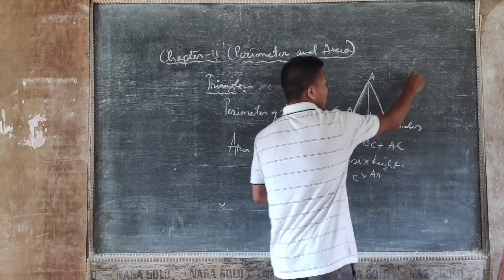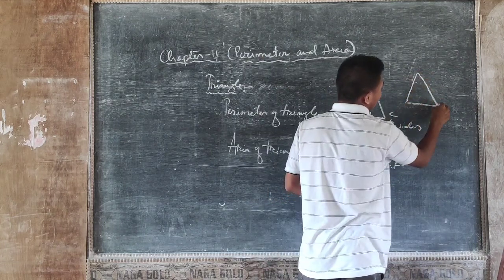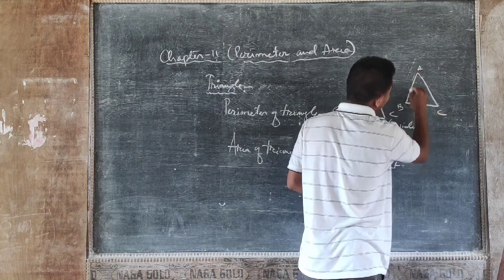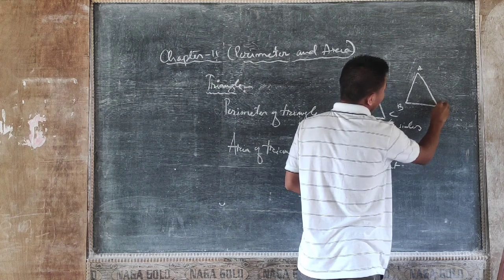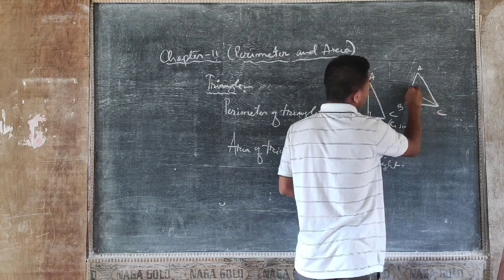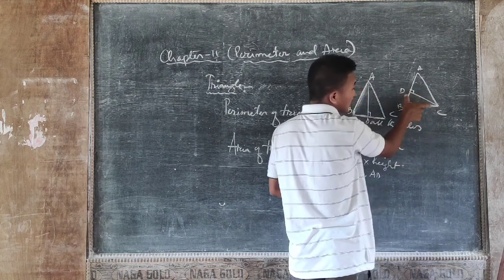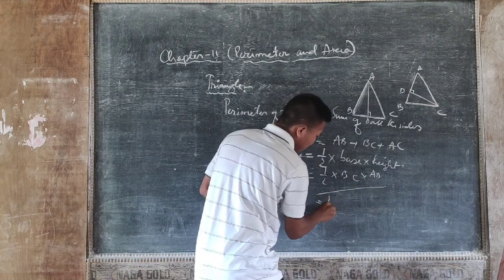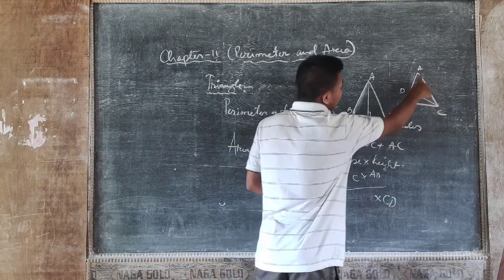In some cases, you may get a question in which the perpendicular line is drawn from the vertex C. So in this case, let us say this is CD. In this case, your CD will be your height, and your AB.